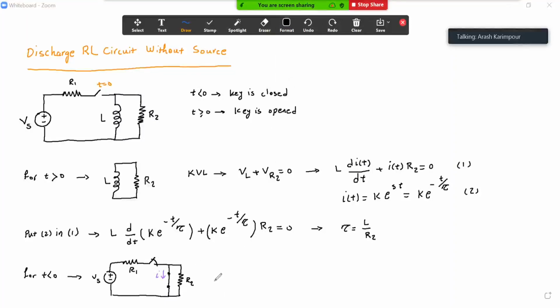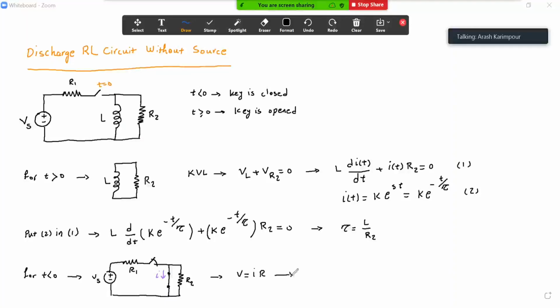So for this simple circuit, I can write Ohm's law.